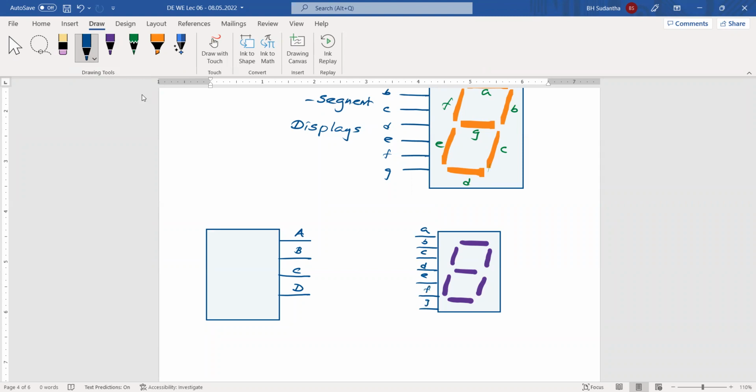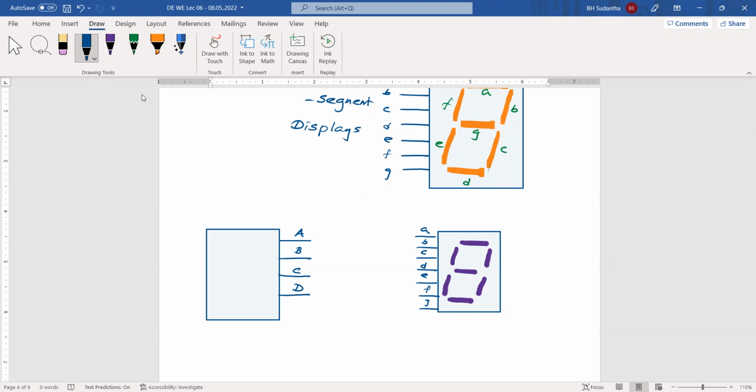We can use these 7-segment displays to show numbers. When we turn on the relevant segments, we can show the number on the display. But here we have another digital circuit which is generating certain numbers. Sometimes it may be a calculator, whatever it is. Sometimes it shows the time value, and sometimes it may be a unit counter.